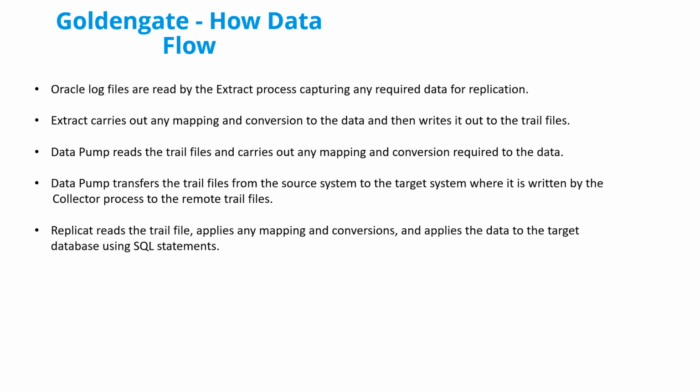So first of all, the transaction logs are read by the extract process, capturing any required data for the replication. Then extract carries out mapping and conversion of the data and writes it out to the trail files.